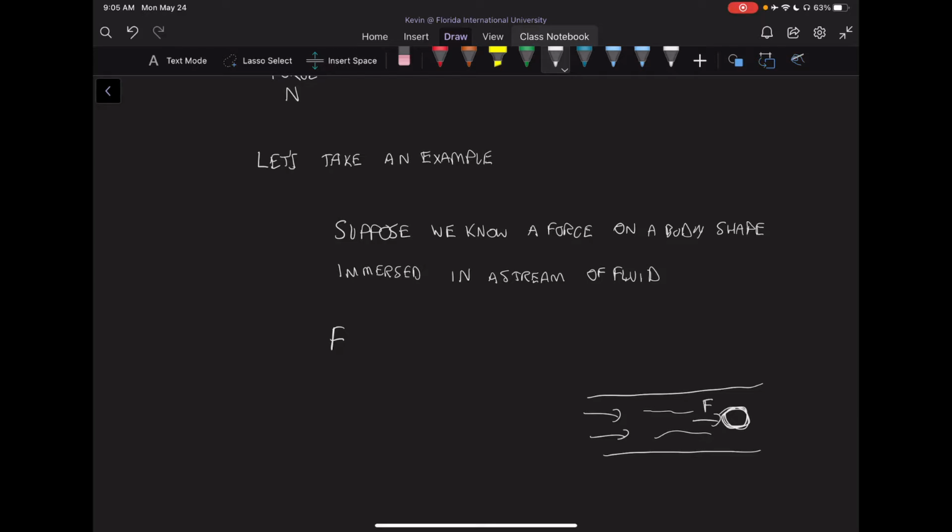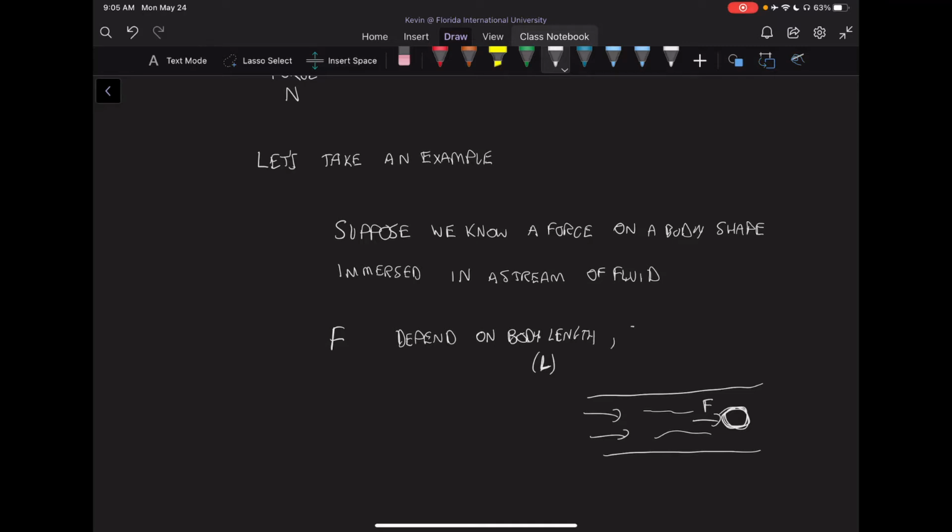Now, this force depends on a few different parameters. It depends on body length, so the length of the body, or the size of the body. So we're going to write L in brackets.